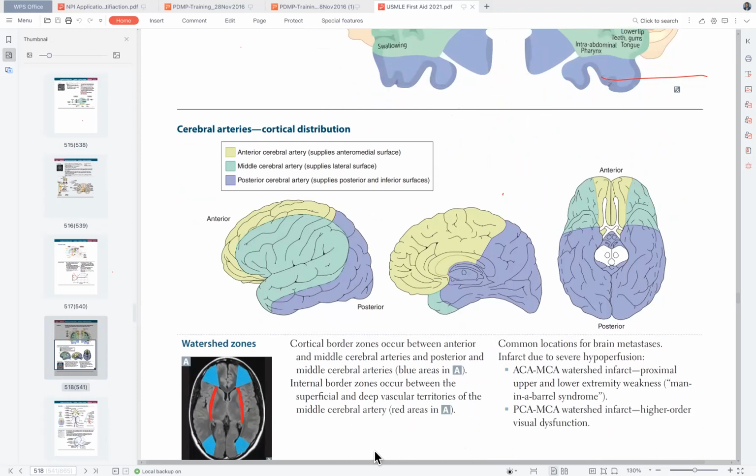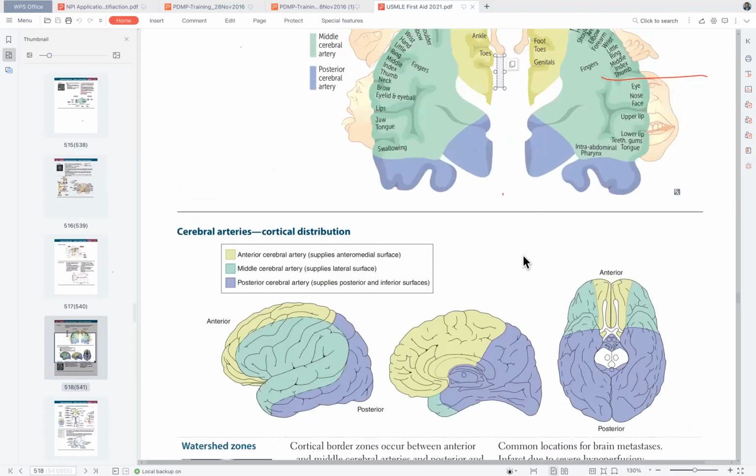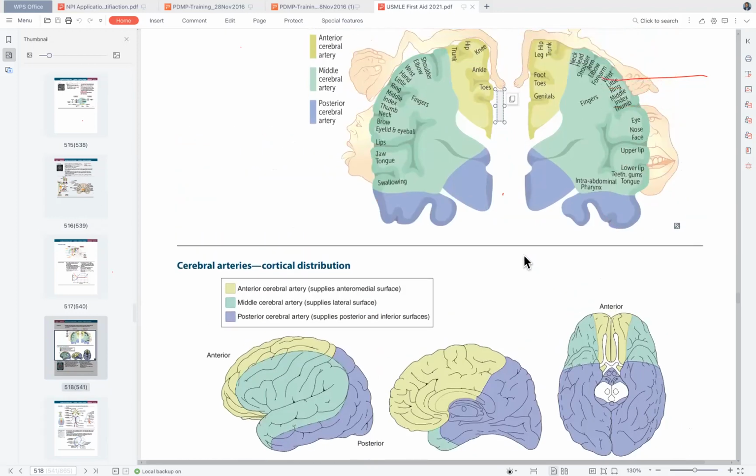But there is one scenario where everything will be affected. Instead of having only the legs affected in a stroke syndrome, you can have the legs and also the arms and the face affected at the same time.